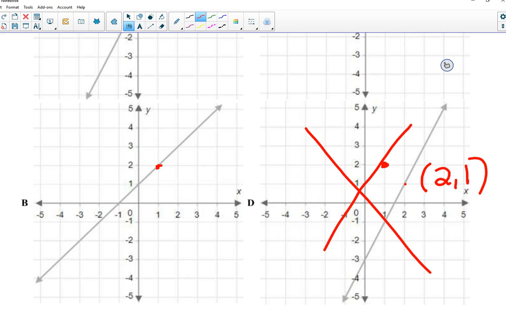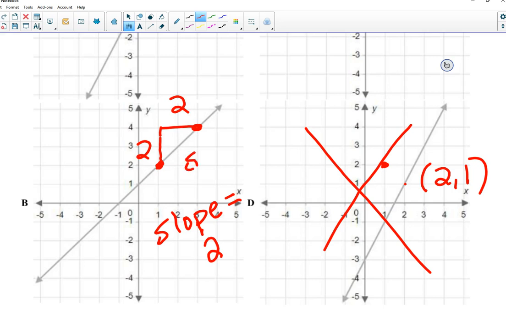All right, let's look at B and check the slope. What do we want the slope to be? 2 again. So I'm going to take 2 points, maybe this point and this point. How many did I go up? 2. How many did I go over? 2.